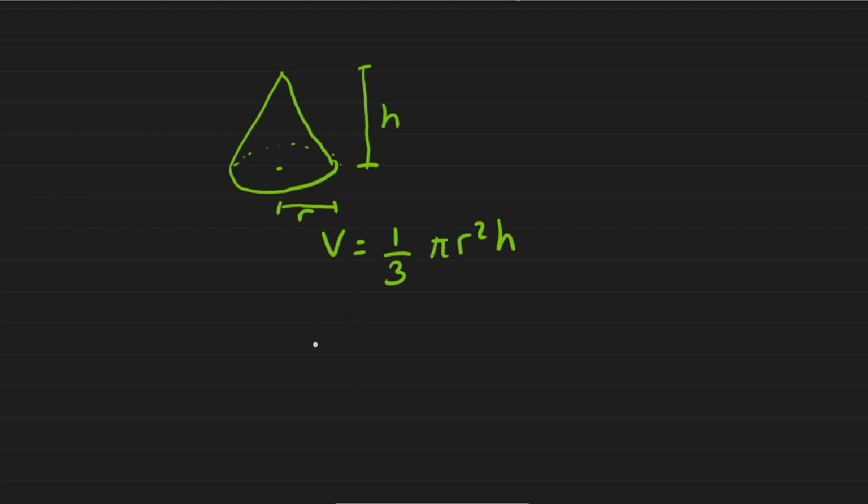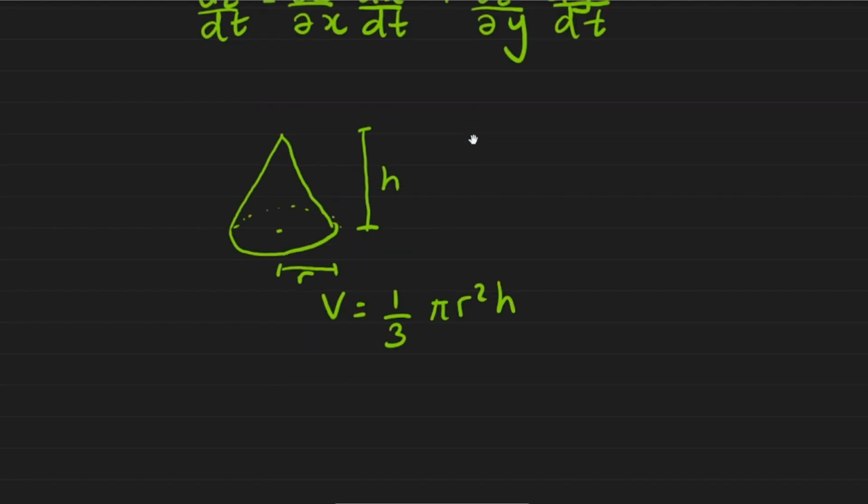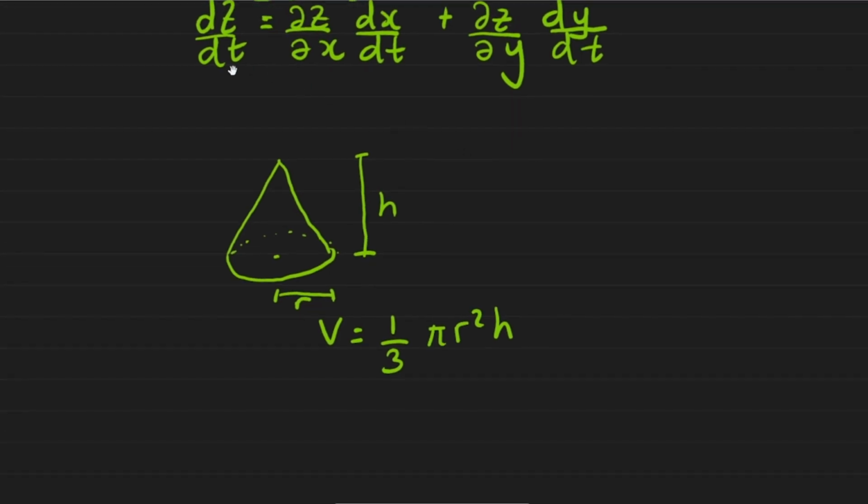And if we look at the result that we just derived, that the rate of change of z with respect to t is equal to everything that you see on the right-hand side, what this means is that we can write the rate of change of volume with time to firstly be how volume changes with the radius multiplied by how the radius is changing with time.